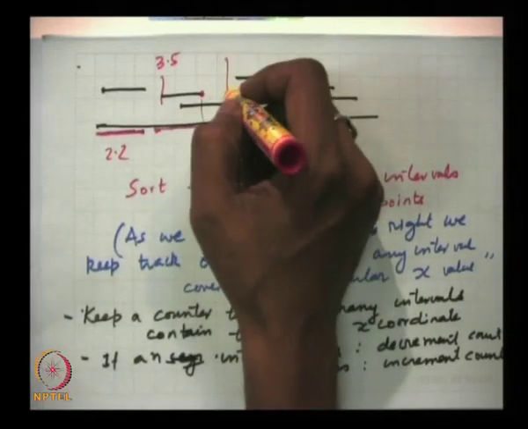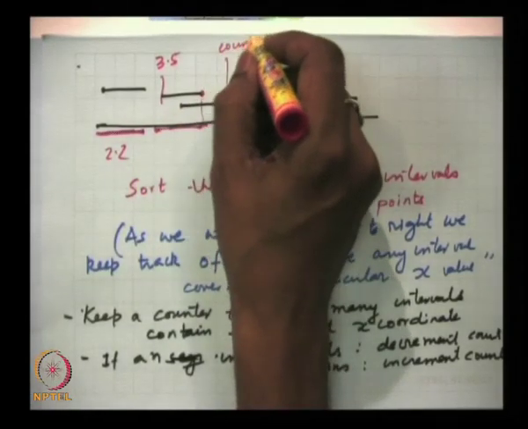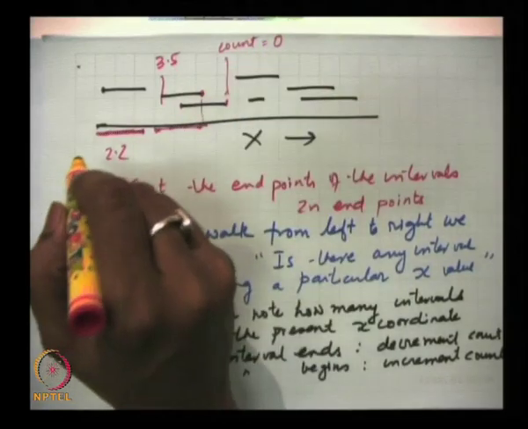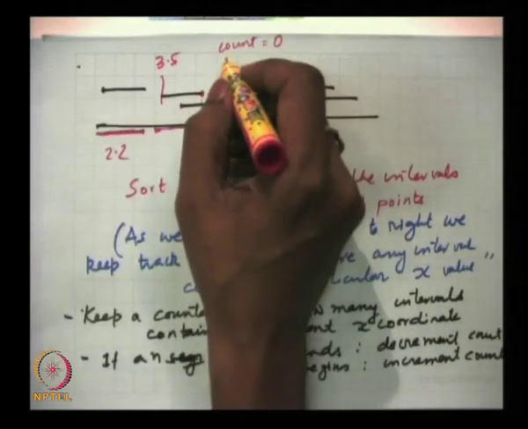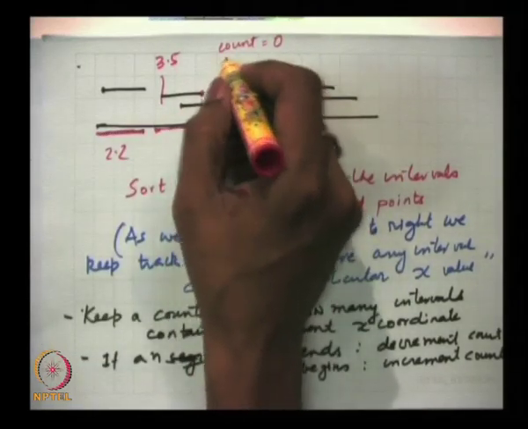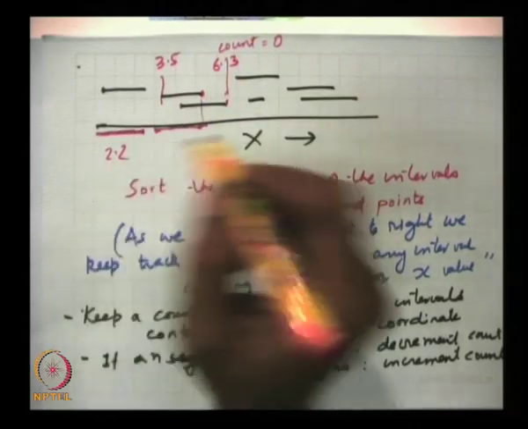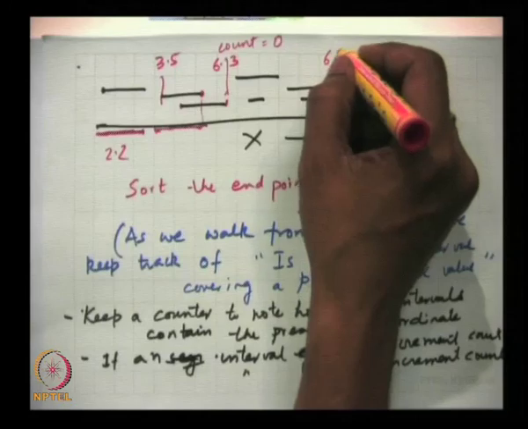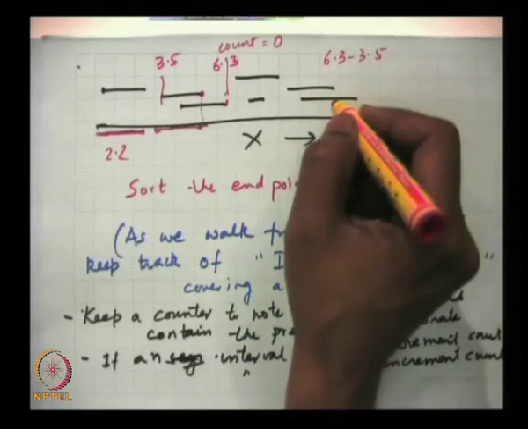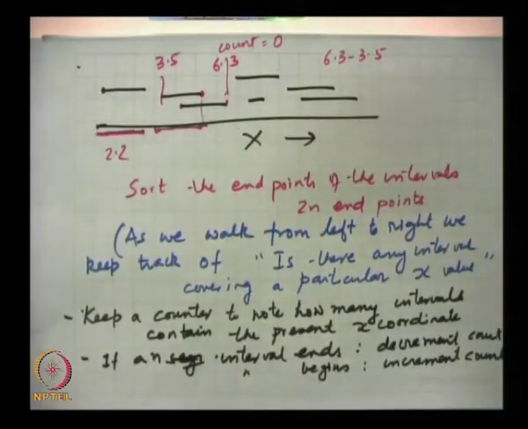Count is 0 here. So, count equal to 0. When the count is equal to 0, we also note the x coordinate of this, maybe it is 6.3, which means that we have swept 6.3 minus 3.5, and this must be added to the total measure that we have encountered so far.